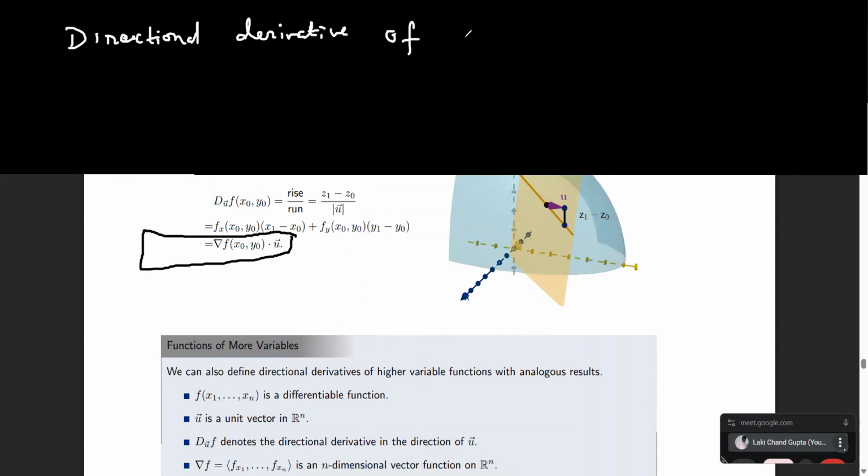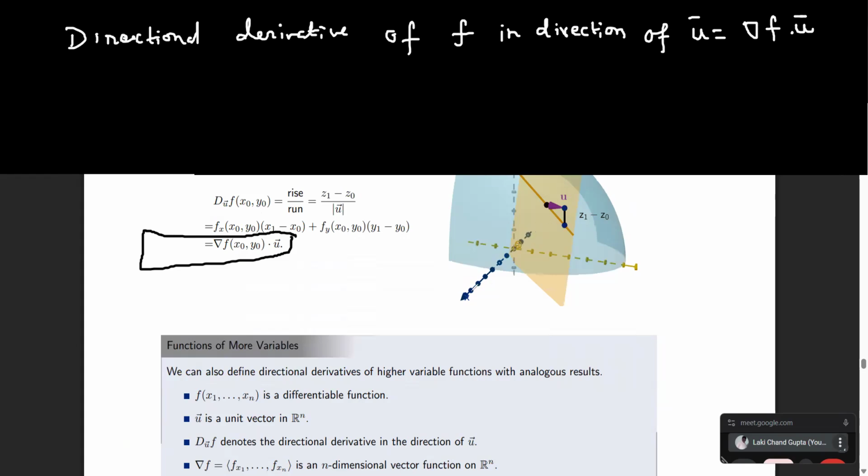Directional derivative of function f in the direction of u is what? Grad f dot the unit vector of u.